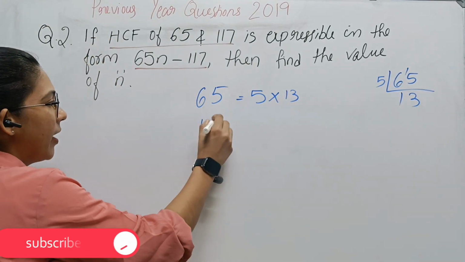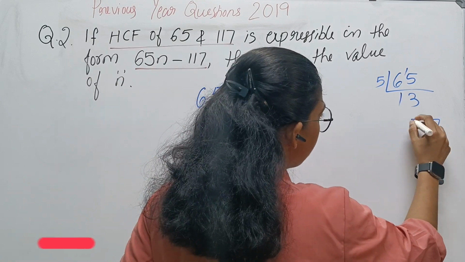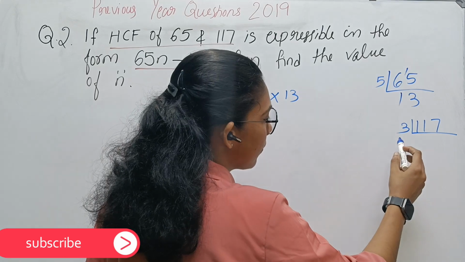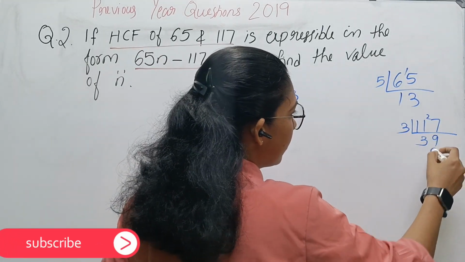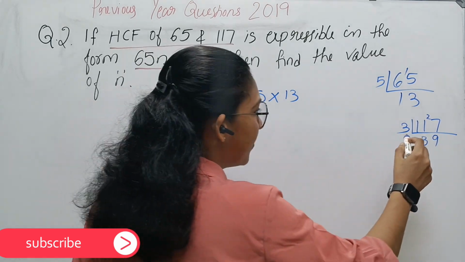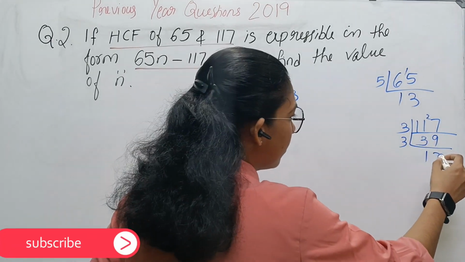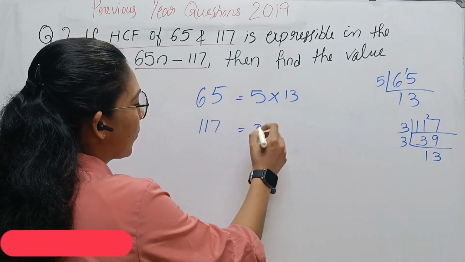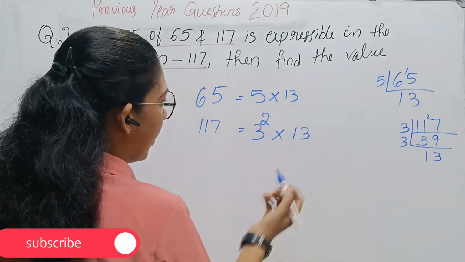Now 117: 3 3s are 9, 3 9s are 27, again 3 1s are 3, 3 3s are 9. So the factors are 3 to the power 2 into 13.